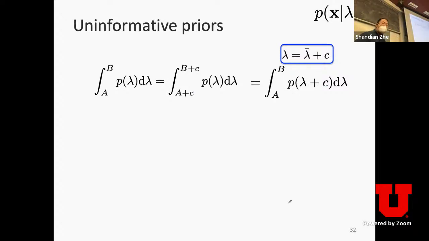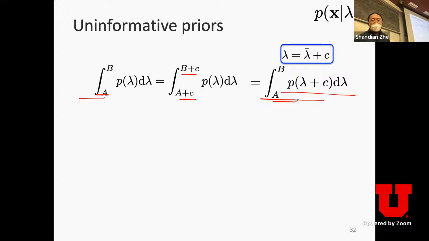If you do an integral variable transformation, defining a new variable lambda bar, where lambda equals lambda bar plus C, you can replace the lower and upper bounds in the integral by A and B, and you get the same integral interval.